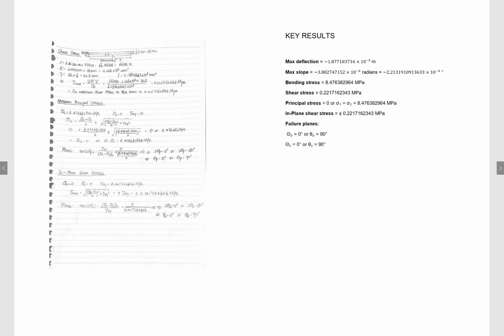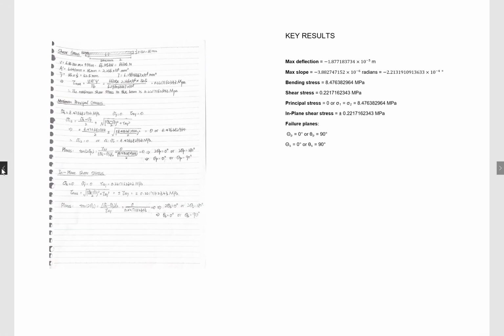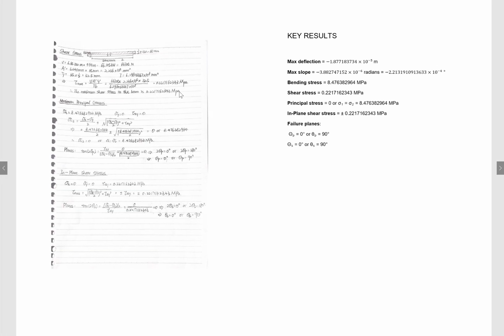A is the area of the shaded area, Y is half of the height of the bridge, and this I is the moment of inertia, and this is the final answer. For convenience, I just calculated the maximum bending stress and shear stress, because otherwise we would have to locate a point here, and I think this is more convenient.